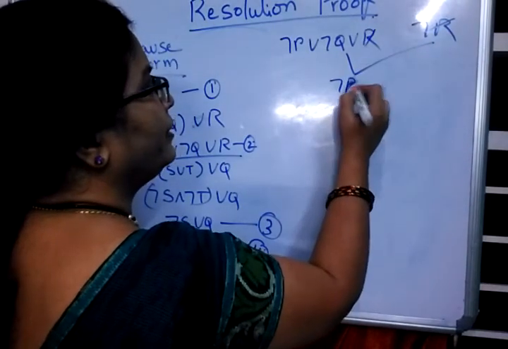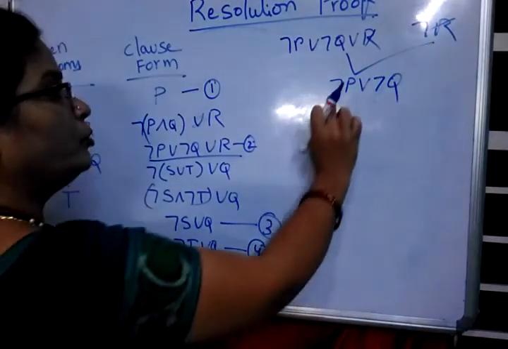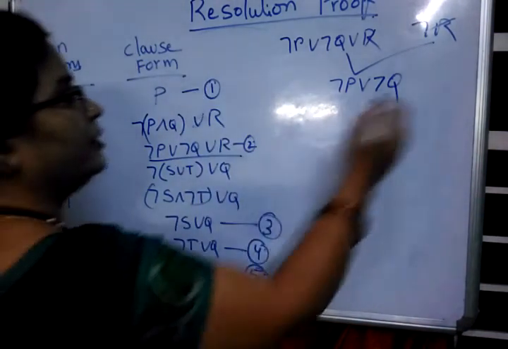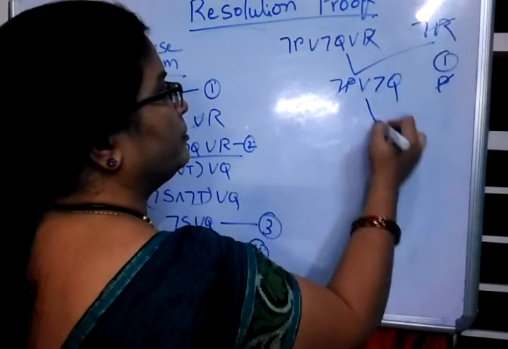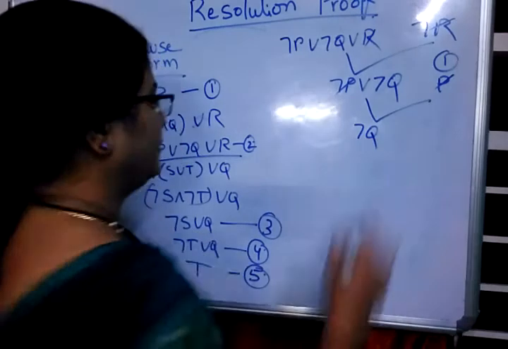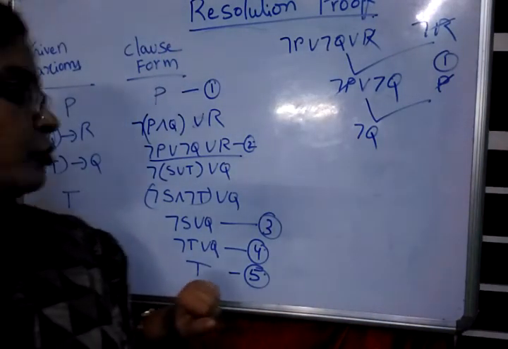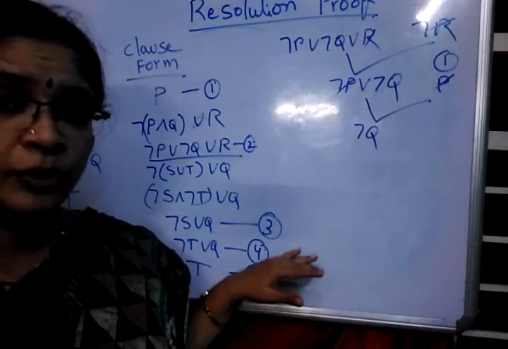What is the resultant? Negation P or negation Q. Now check whether anything else can be cancelled. Using term 1, that is P, P is cancelled by negation P. The resultant is negation Q. How will this negation Q be cancelled? Now we have to pick the equations very carefully.